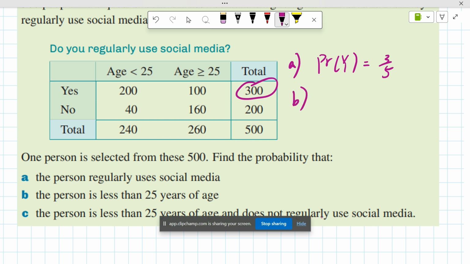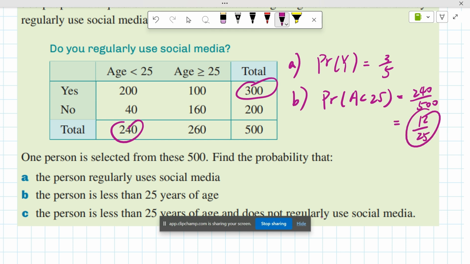And question B, less than 25 years of age. So people who are less than 25 years, 24. So we say probability of age less than 25 equals 240 over 500, which equals 12 over 25. Yep.